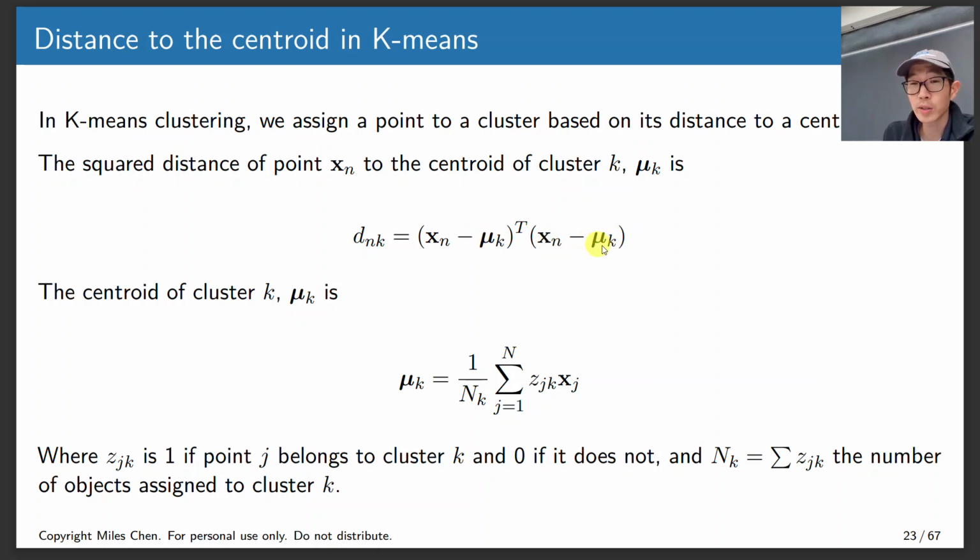Where's the location of mu k? Mu k is basically the mean of all of the x values that belong to that cluster. So you have the product between z and x, where z is 0 if it doesn't belong, it's 1 if it does belong. You take the product between z and x, add them up, divide by n being the sum of your z's, how many points belong to that cluster.